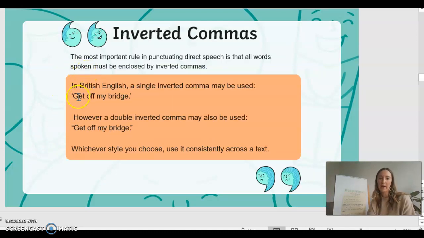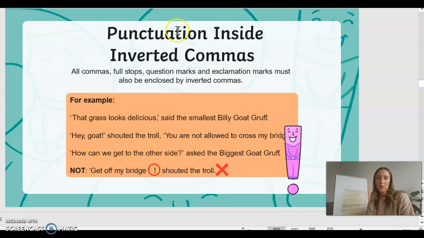So I just spoke about how there's sometimes the single inverted comma or there's the double. So, the punctuation inside inverted commas. All commas, full stops, question marks, exclamation marks must be enclosed by the talking marks.